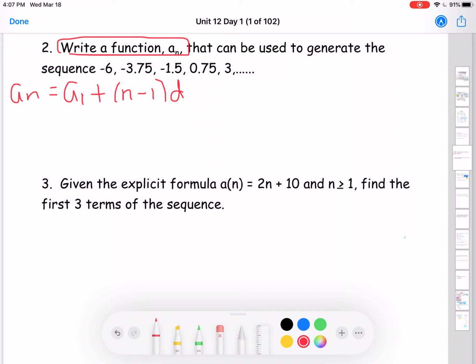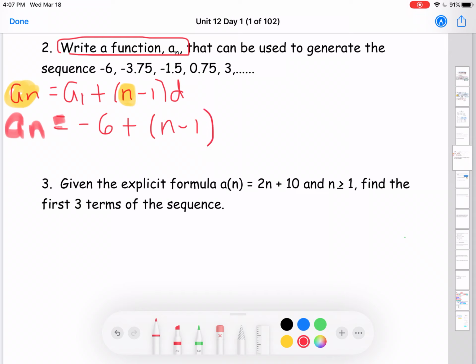So you're always going to have your y value and your x value. So those two won't get replaced, but everything else will. So a sub n equals the first term plus n minus 1 times the common difference.